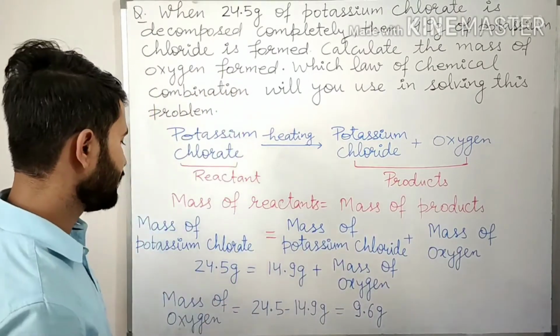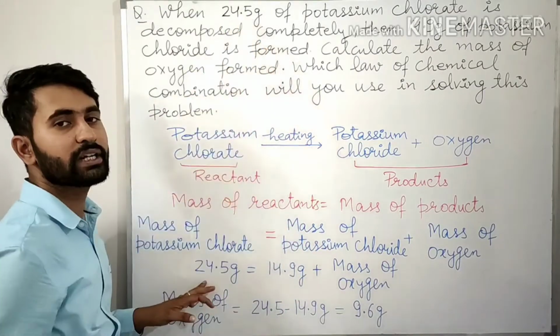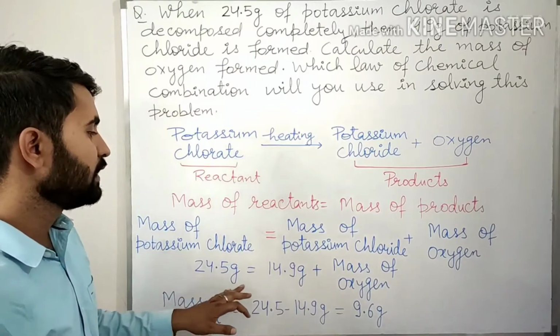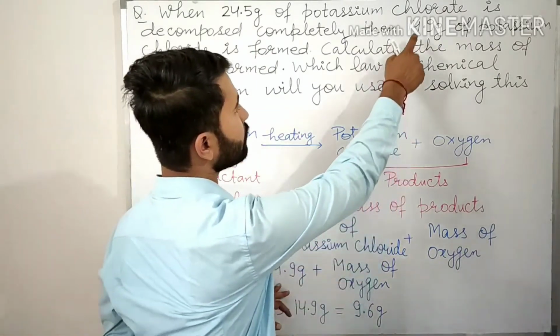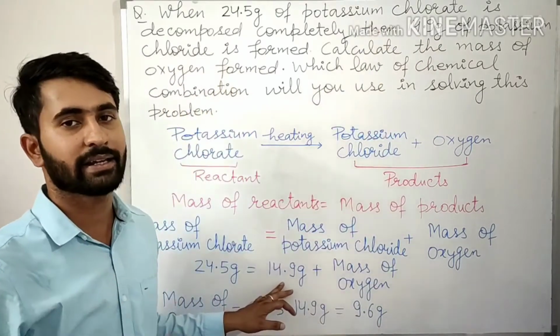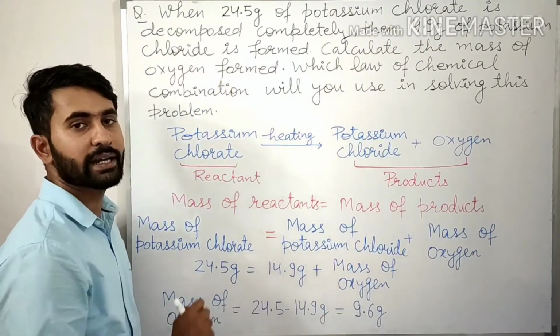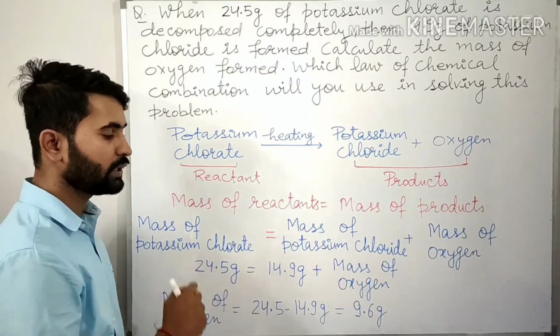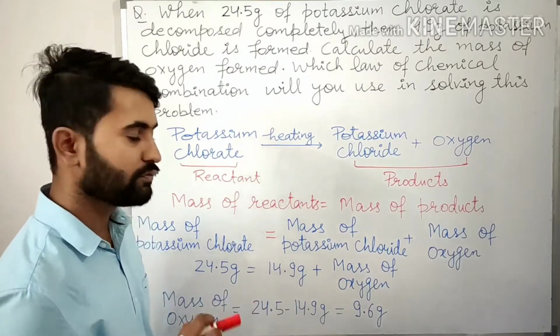In the question it is given that the mass of potassium chlorate is 24.5 grams, whereas the mass of potassium chloride formed is 14.9 grams. So if we subtract 14.9 grams from 24.5 grams, we will get the mass of the oxygen formed.